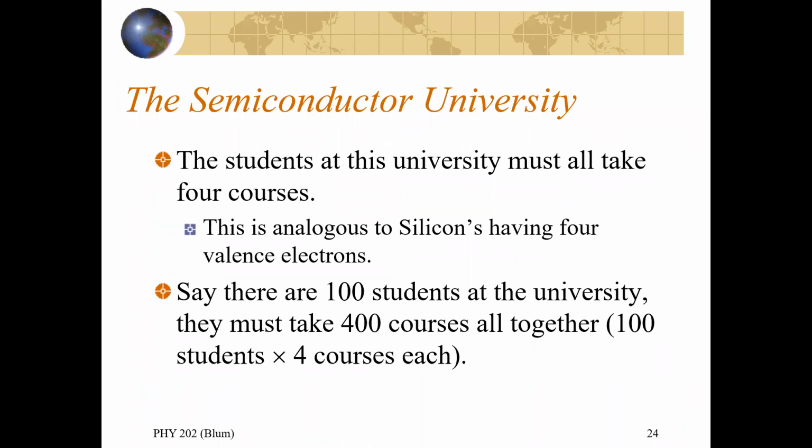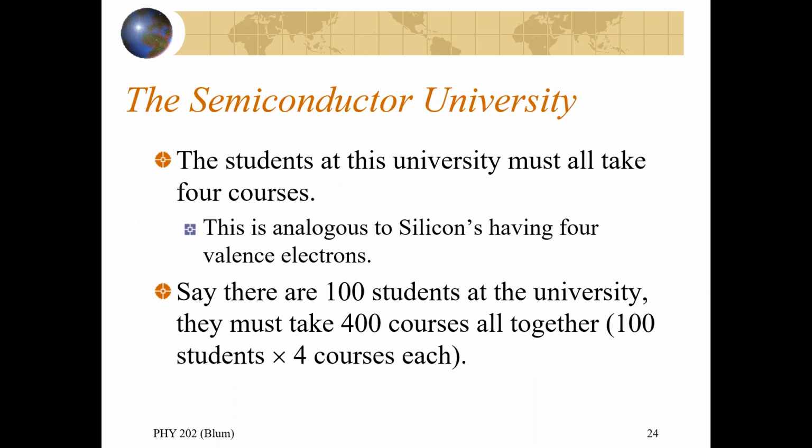The 100 level had 200 slots, the 200 level had 200 slots. So when I'm filling them up, the students take the easiest courses they possibly can. These students don't want to challenge themselves. They just want a credential. They want the easiest way out. And so they take the 100 level courses and the 200 level courses, and the courses are full. So this is the semiconductor university because it filled at a gap.